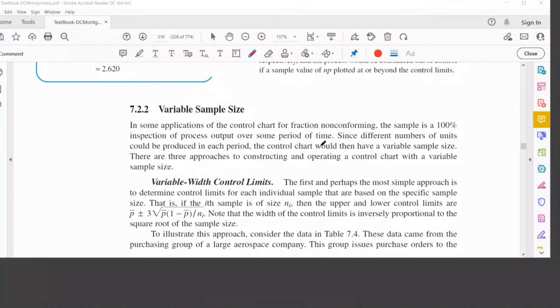In the case of NP chart with variable sample size, we have variable control limits. We need to determine them for each individual sample.